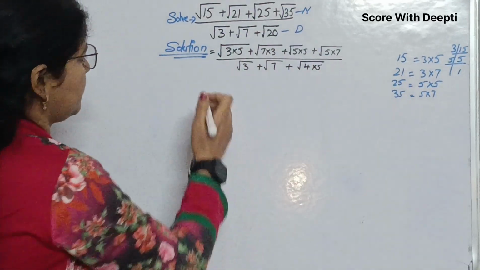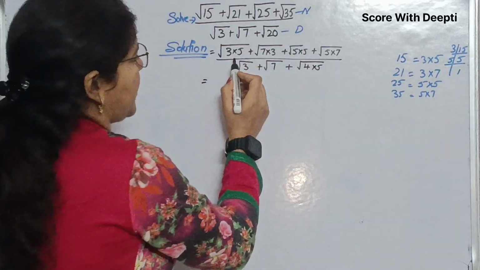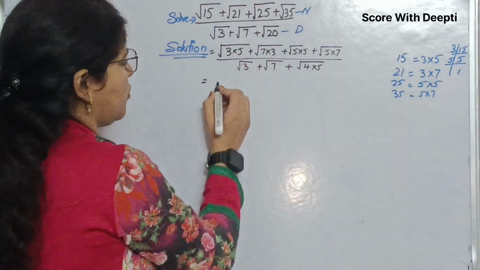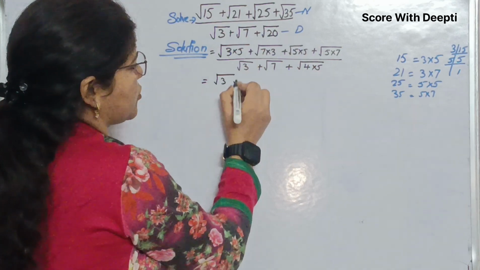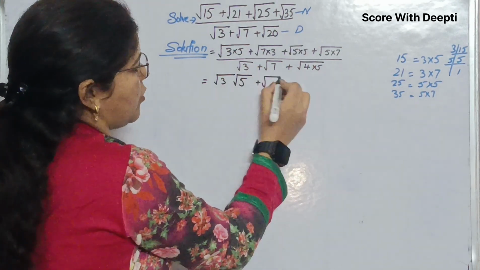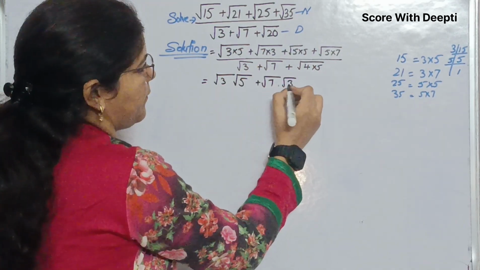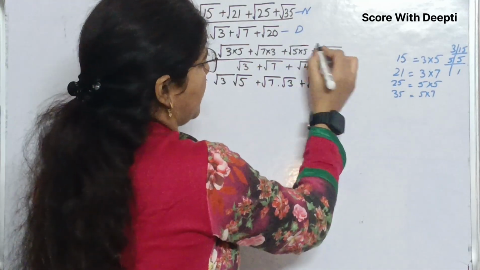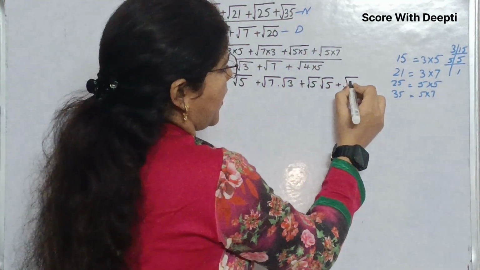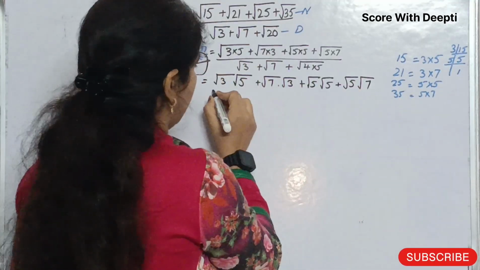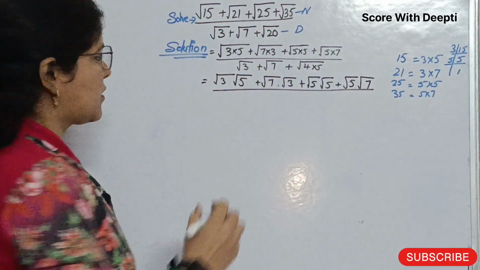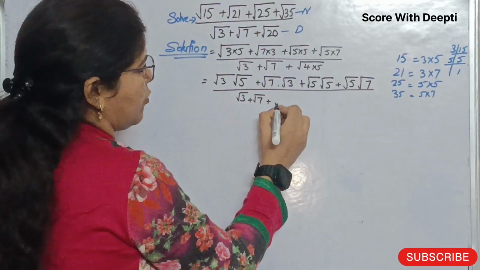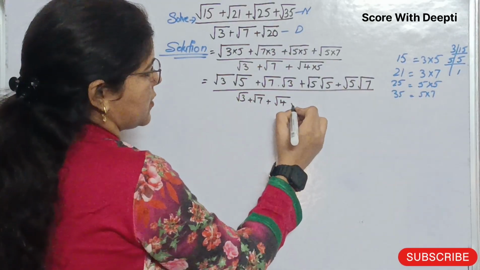Next, we write these terms separately under the square root, meaning square root 3 into square root 5 plus square root 7 into square root 3 plus square root 5 into square root 5 plus square root 5 into square root 7, over square root 3 plus square root 7 plus square root 4 into square root 5.